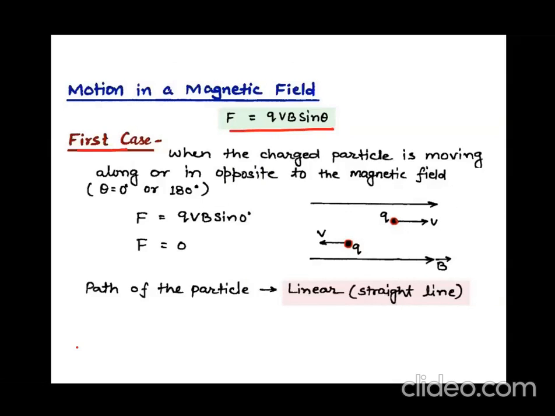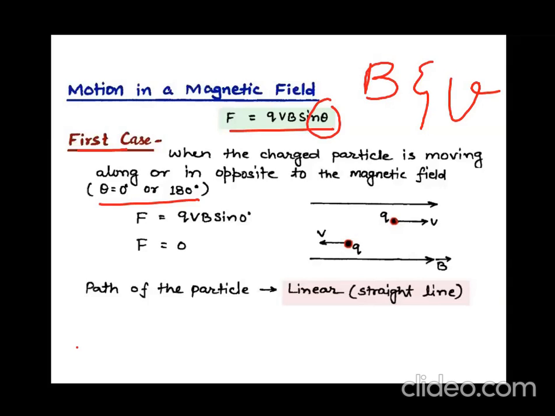Case number 1: when theta is 0 or 180 degrees. We know that theta is the angle between B and V. B is the external magnetic field and V is the direction of velocity of your charge.